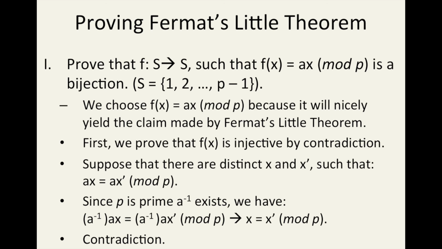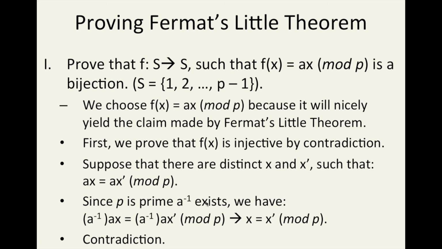Now, since we're in the world of mod p, and p is prime, a also has to have a multiplicative inverse, and that means that we can multiply both sides of that previous equation, ax equals ax prime mod p, by a to the negative 1, do some algebra, and we find a contradiction: x equals x prime. But right above we already said that x and x prime are supposed to be distinct.